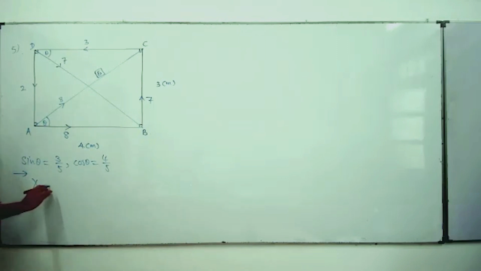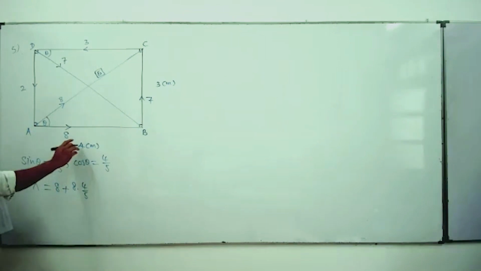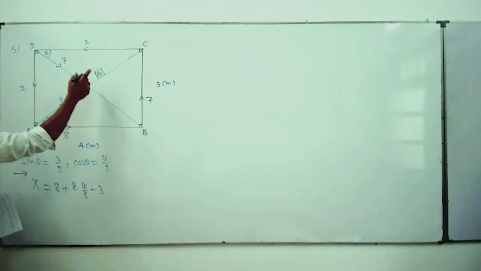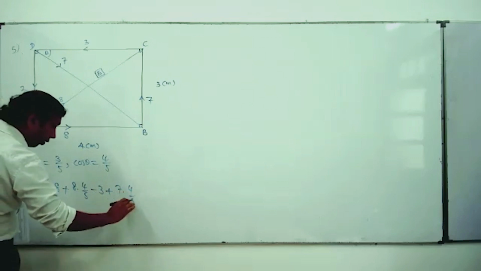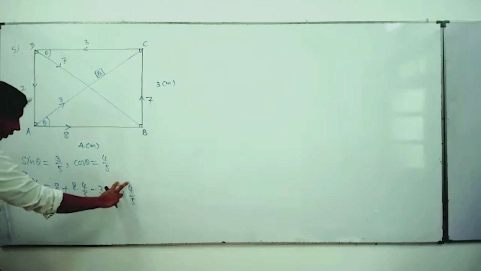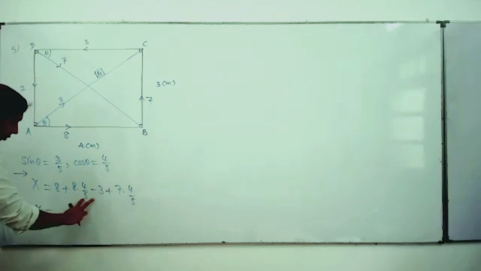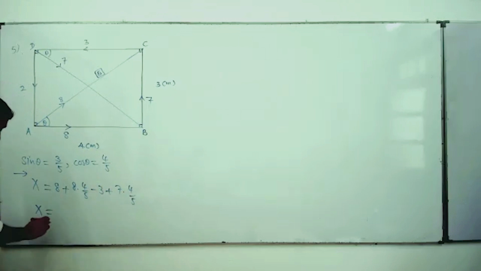Take X: 8, plus 3, minus 7 cos theta, with cos theta 4 by 5, so 7 into 4 by 5. Then here we get 32, here 28, 60. 60 divided by 5 means 12. 12 minus 3 is 9. 9 plus 8 is 17. X is 17. Okay.